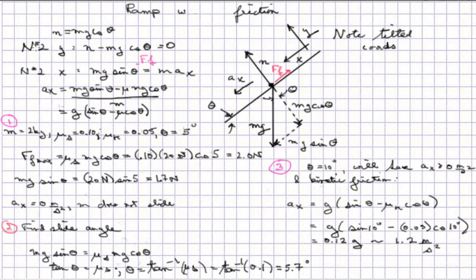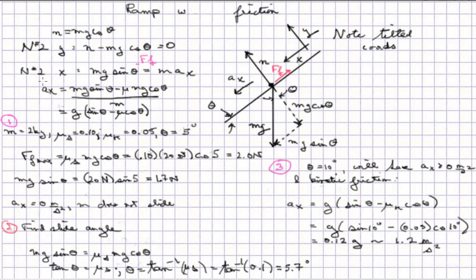First of all, our Newton number 2 in the y direction is going to be just exactly what it was before. And if we solve that for n, we're going to get n is equal to mg cosine theta, which, as you recall from the previous YouTube, means that the normal force is less than the weight, since cosine theta is less than 1.